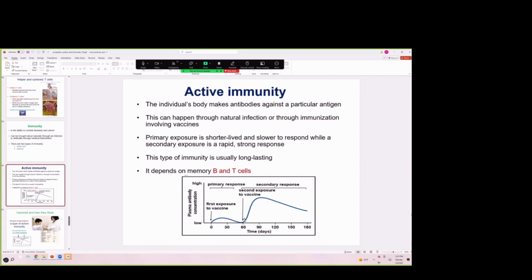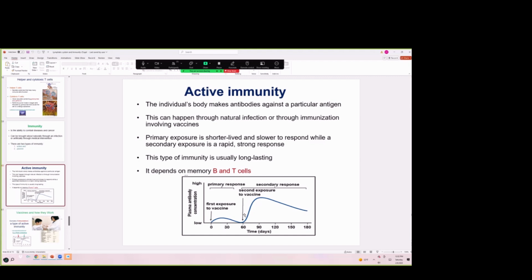So let's say after 60 days, the real virus wanted to infect us. But at day 60, the person who was vaccinated has a lot of memory B cells that can recognize the virus. So when the virus infects the individual, those many B cells would easily recognize it.